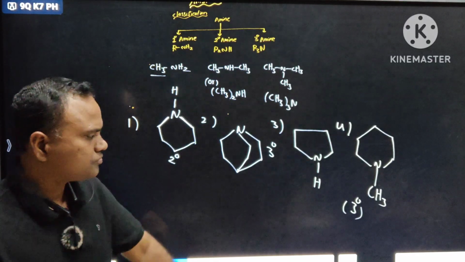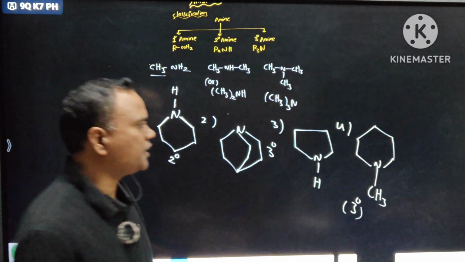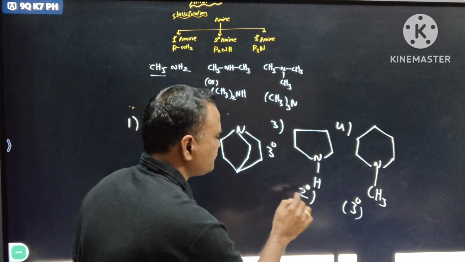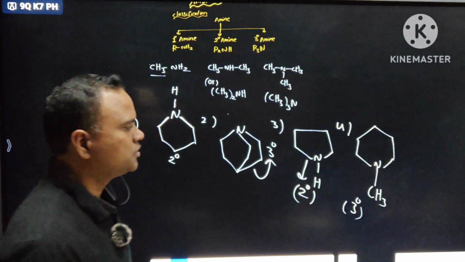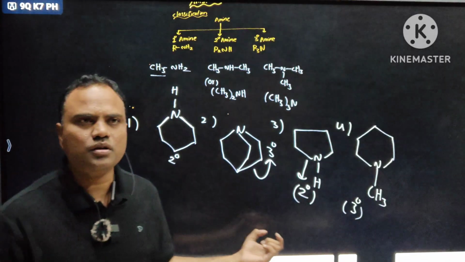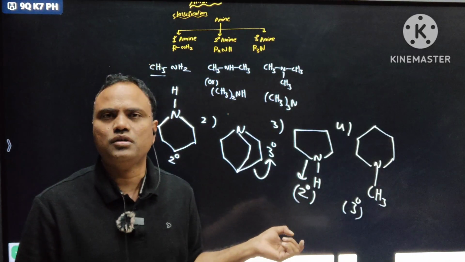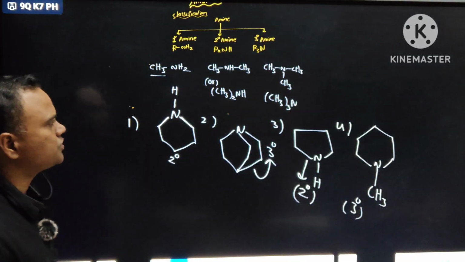Next, nomenclature. Third example, secondary. The last one is 3 degree amine. This is very, very useful information to predict the basic nature.